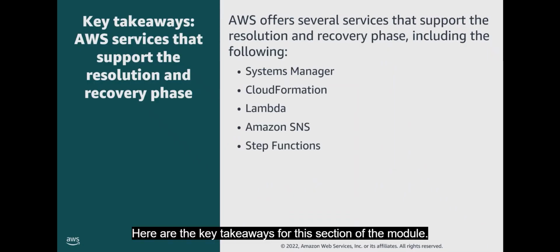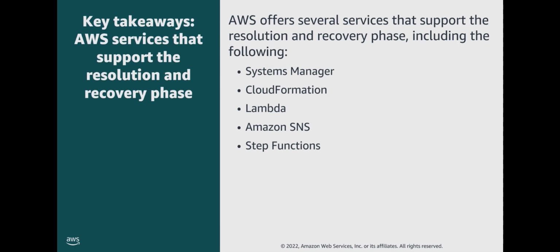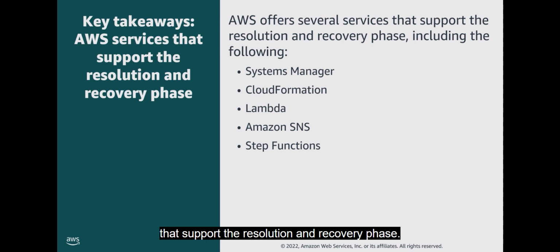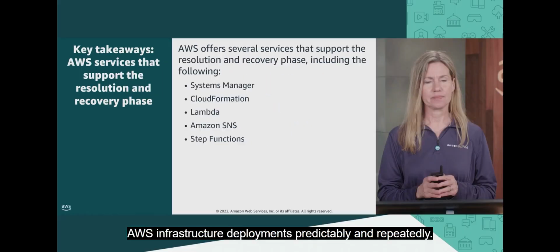Here are the key takeaways for this section of the module. AWS offers several services that support the resolution and recovery phase. Systems Manager gives you visibility and control of your infrastructure on AWS. With CloudFormation, you can create and provision AWS infrastructure deployments predictably and repeatedly.